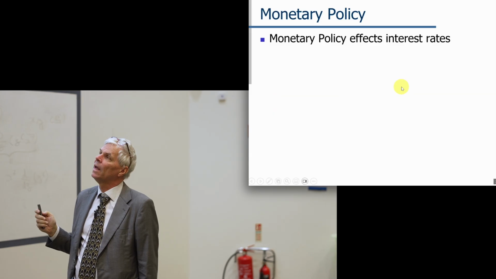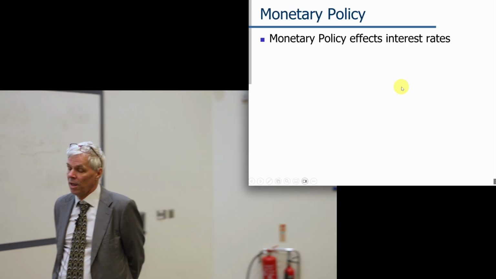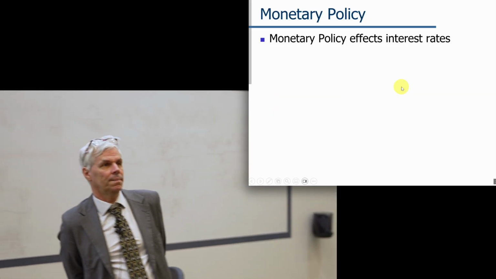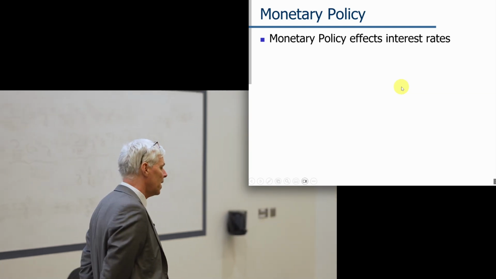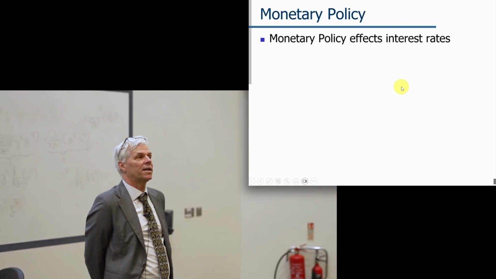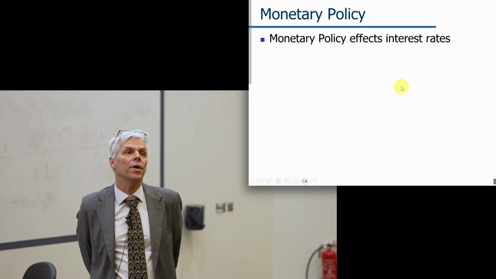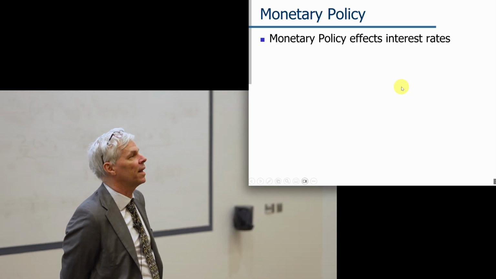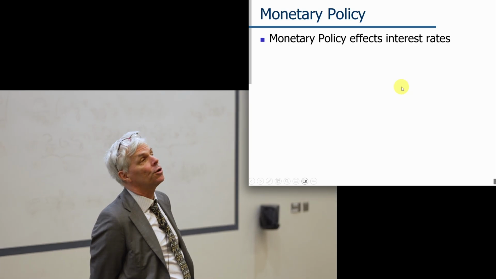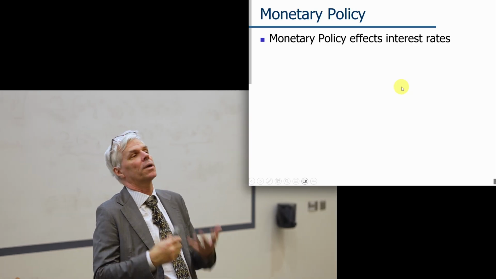Okay. Now I want to talk a little bit about monetary policy. In a few minutes we're going to start monetary theory, and that will lead to monetary policy. But while we're playing with this model and it's fresh in the mind, I want to show you how monetary policy is going to work in this model.